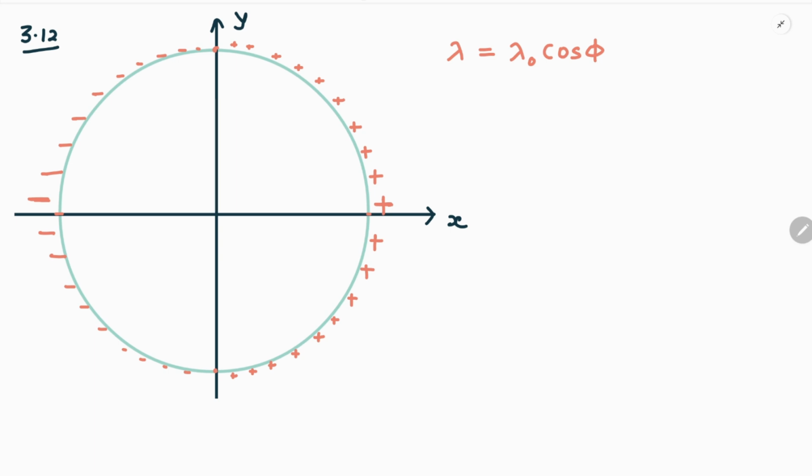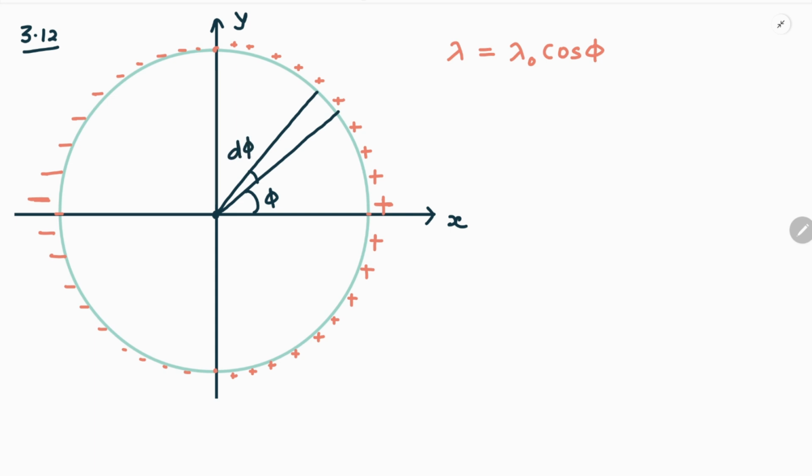Now the next part we want to understand is that it is asking us to calculate the electric field at the center of this non-conducting ring. To calculate it, we are selecting a patch of charge which is at an angle phi from here, making d phi.